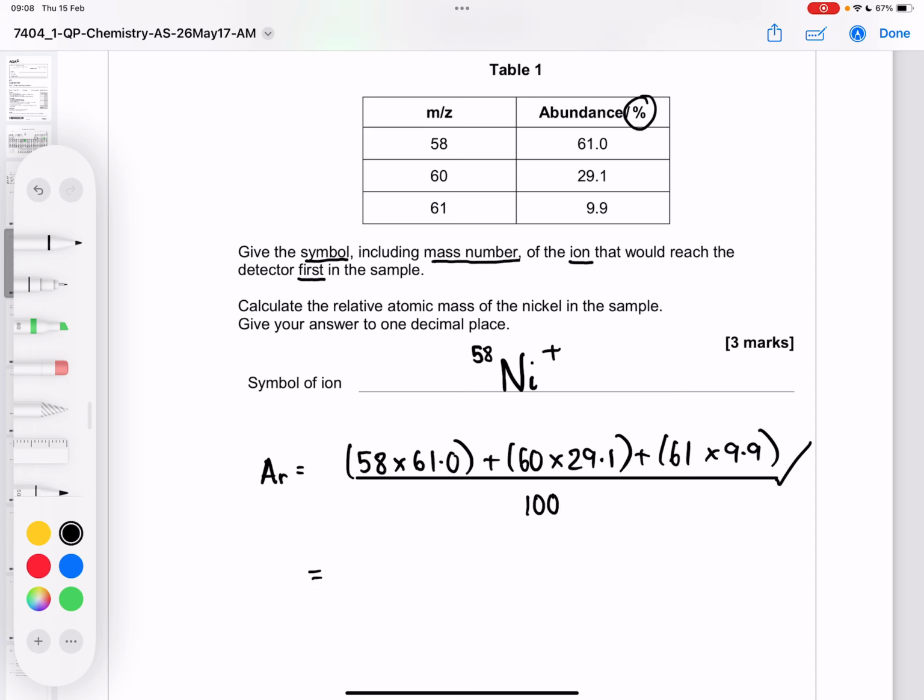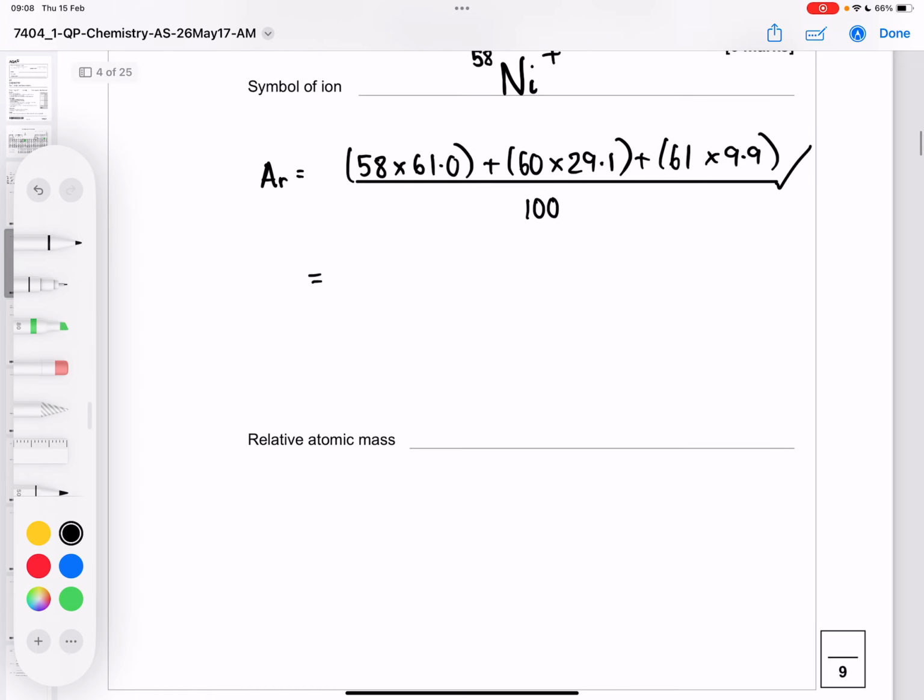We do have to give our answer to 1 decimal place, so it might be worth going underneath the line and writing 1 dp. If you type all that in your calculator and round it to 1 decimal place, you're going to get 58.9.